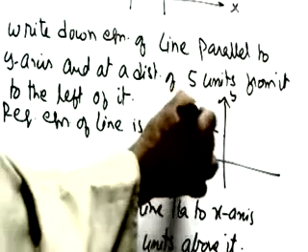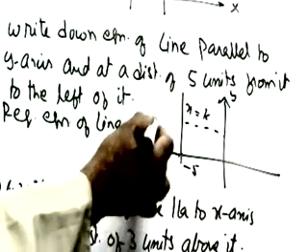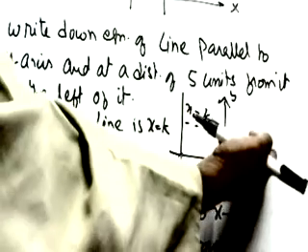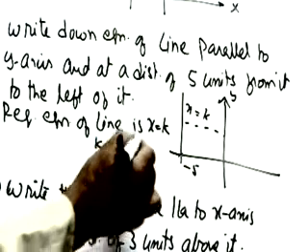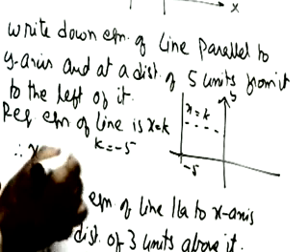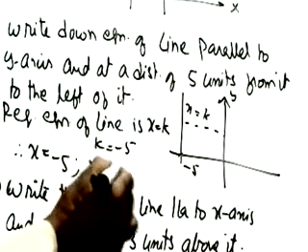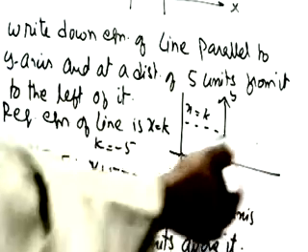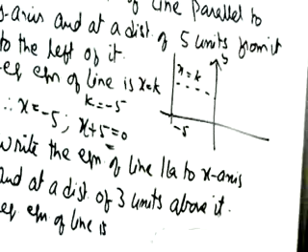So the required line is parallel to the y-axis, and we know x equals k. What is k here? On the right side, we take positive, on the left side, we take negative. So we take minus 5. Therefore, x equals minus 5 is the equation, or bringing the minus 5 to the other side, x plus 5 equals 0.